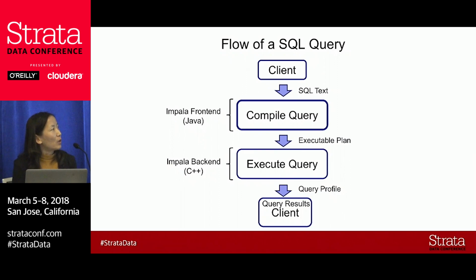So the normal flow of a SQL query is the client sending the request to the Impala daemon. The Impala daemon has two parts, the front end and the back end.